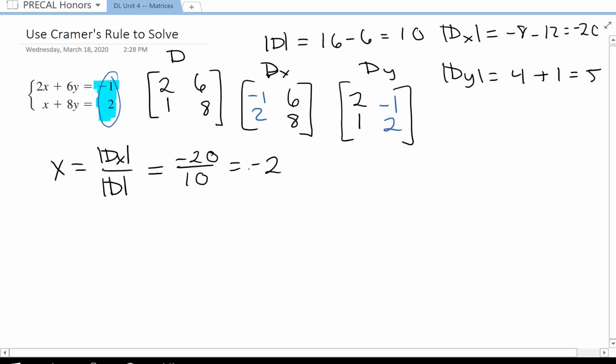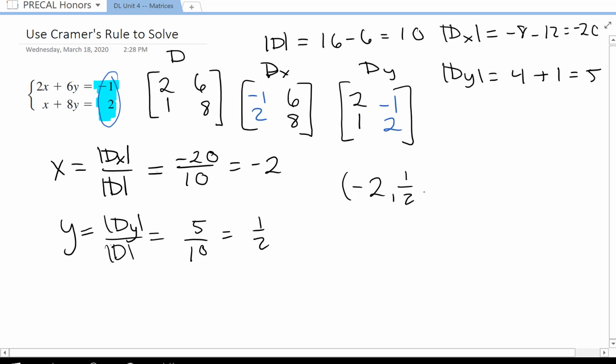And y is equal to the determinant of the y matrix over the determinant of the coefficient matrix, which is 5 over 10. Okay, so the solution is negative 2, 1/2. And that's how you can use determinants and Cramer's rule to solve a system.